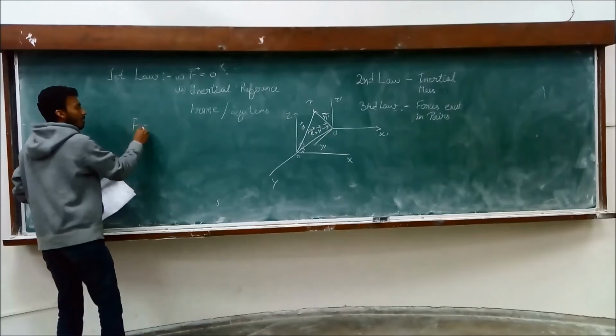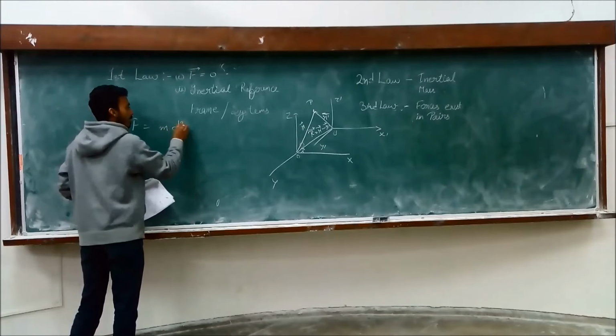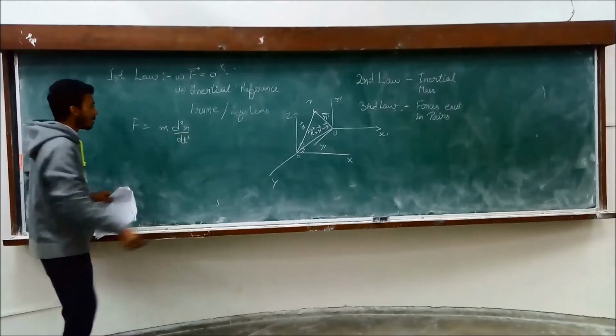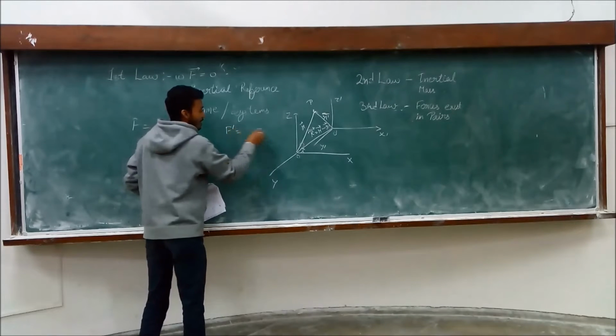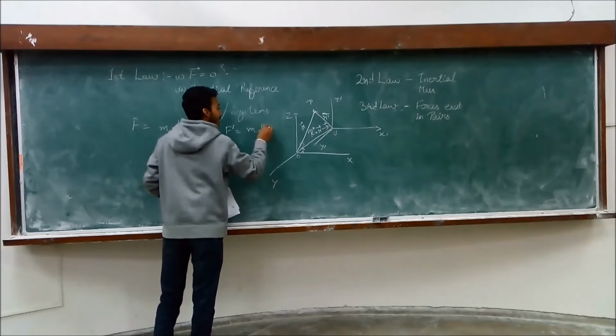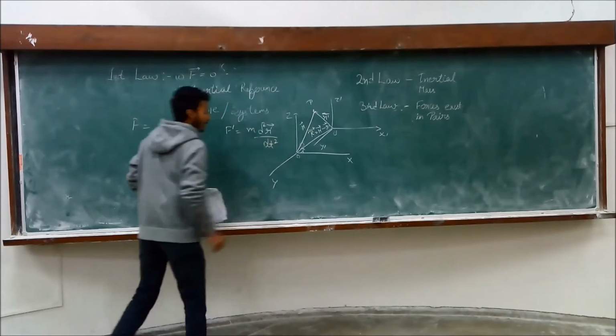The force according to Newton's law is m, the mass of the body, times the double derivative of the position vector, and the force for this person is m times the double derivative of the position vector with respect to time.